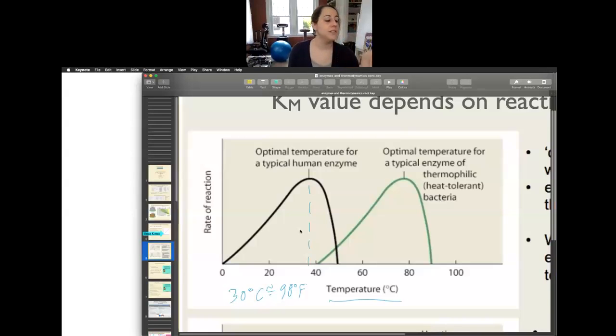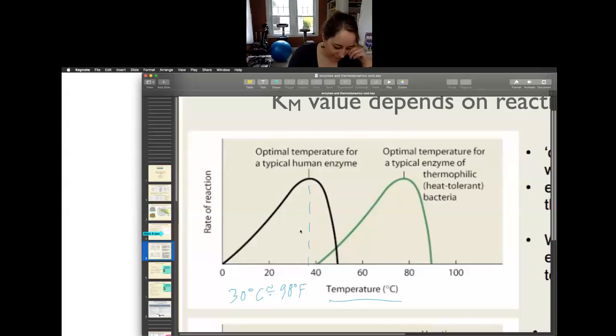And in addition, there are slightly different temperatures for some different parts of your body, and some enzymes that are in a specific part of the body will also work best at that temperature. But this is just in general for the average enzyme in your body.